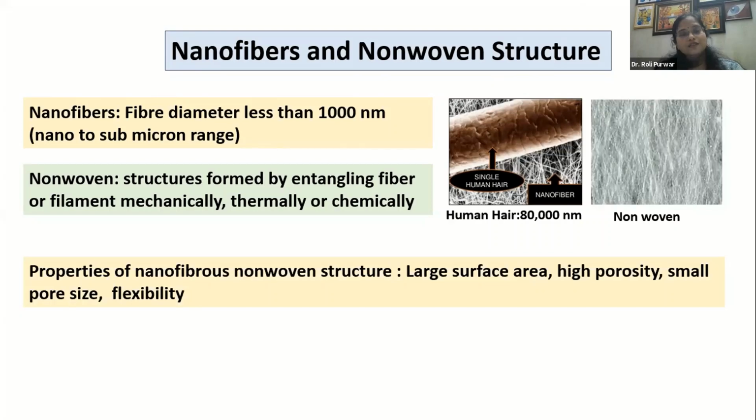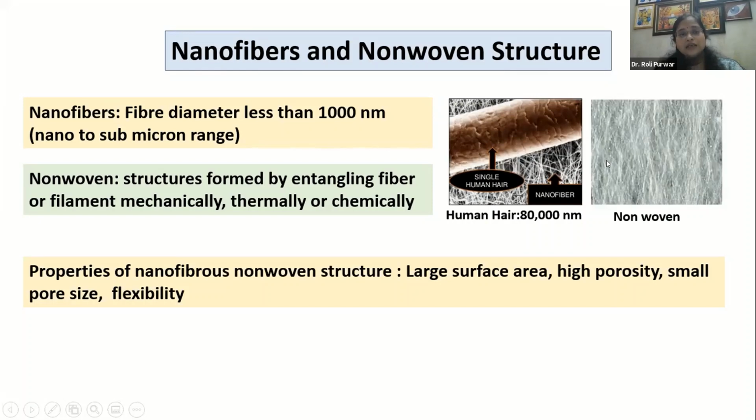The properties of nanofibrous non-woven structures, compared with other non-woven structures, include a very large surface area because of the size; the diameter of the fiber is very small. The porosity is also very high. With the entanglement, you can see that large pores are present, so it is a very high porosity material.